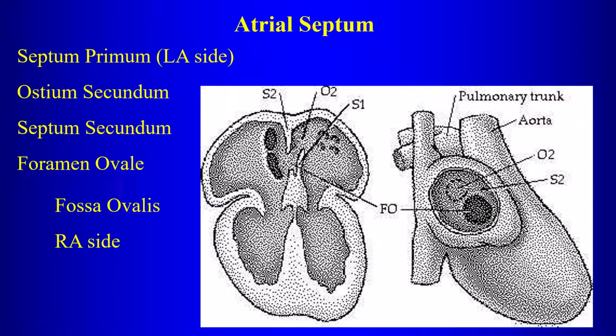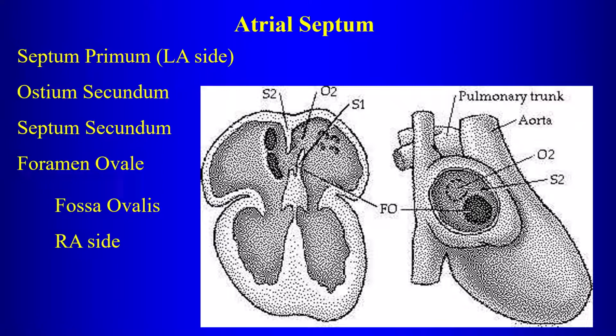After the baby is born, the pressures on the left side of the heart increase, and the pressures on the right side decrease as you get air perfusing the lungs. The difference in pressures between the left and the right causes this flap to close, and then eventually that seals, completely closing the foramen ovale.